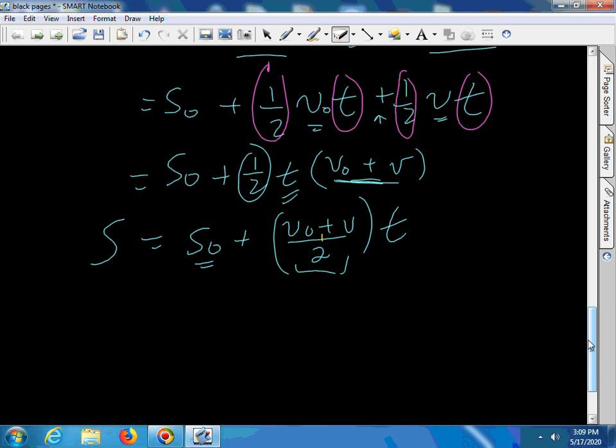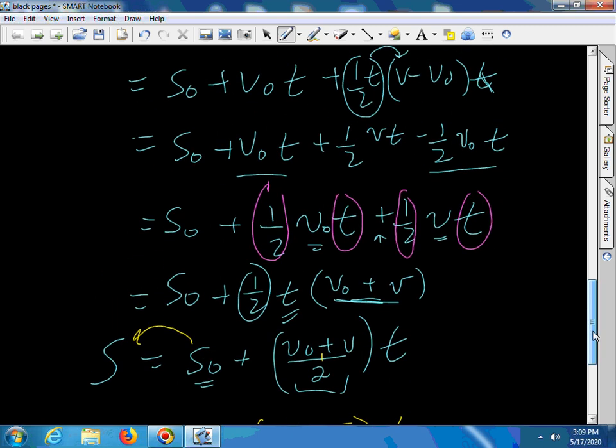And we can solve this equation for t. Bring this over, so you have the change in s is equal to this quantity times t.